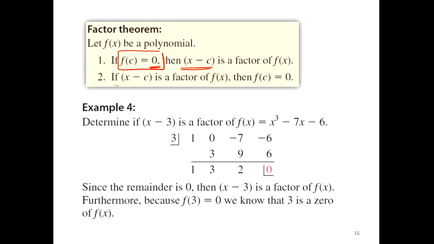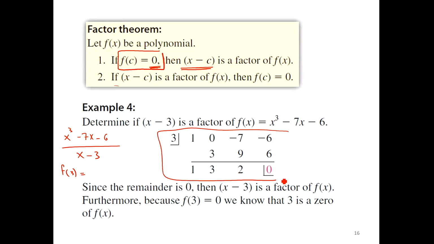Look at this. We have the polynomial x to the power 3 minus 7x minus 6, and we need to determine whether x minus 3 is a factor or not. If f of 3 equals 0, we do not need to do the division.